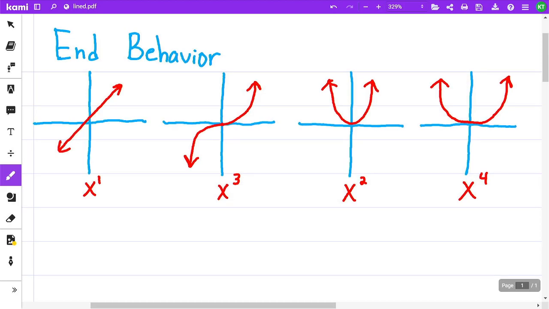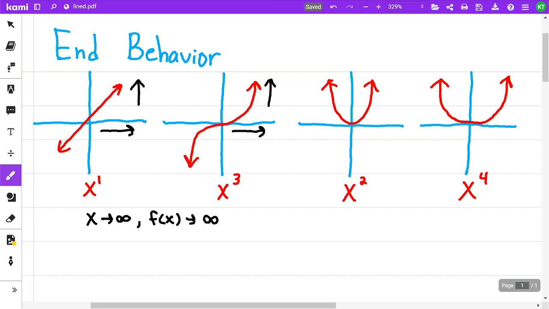So if we look at first x to the power of 1 and x to the power of 3, as our x's go to the right on these first two, so that would be as x approaches infinity, we see our y values are also increasing as our arrow goes up. So that means f of x will be approaching positive infinity.